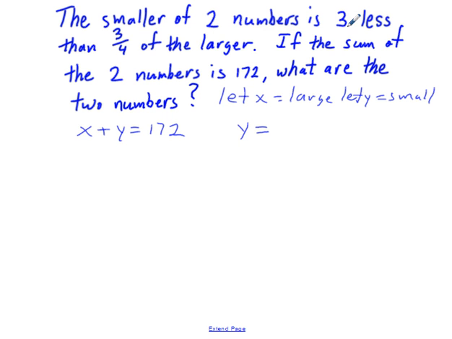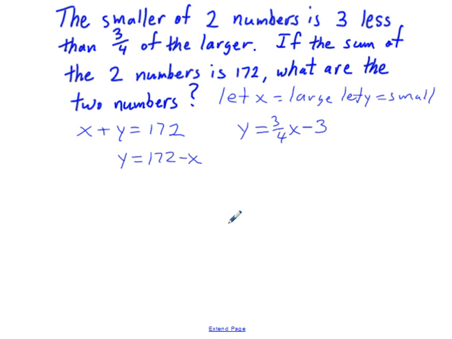Well, 3 less is a switch word, so we can go ahead and put minus 3, 3/4 of the larger, so 3/4 x minus 3. So we can solve this as a system of equations. We can solve by graphing. If we solve for y, subtracting x from both sides, we have y is equal to 172 minus x.